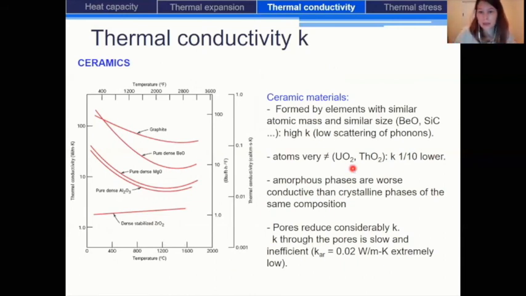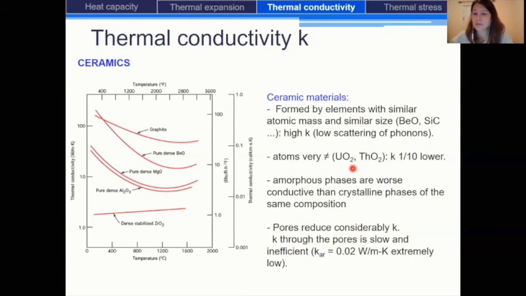And so for the ceramic materials that are formed by elements with similar atomic mass and similar size, we have high values of thermal conductivity, which is due to the fact that we have low scattering of phonons. So the propagation of these vibrational waves is easier in that case.